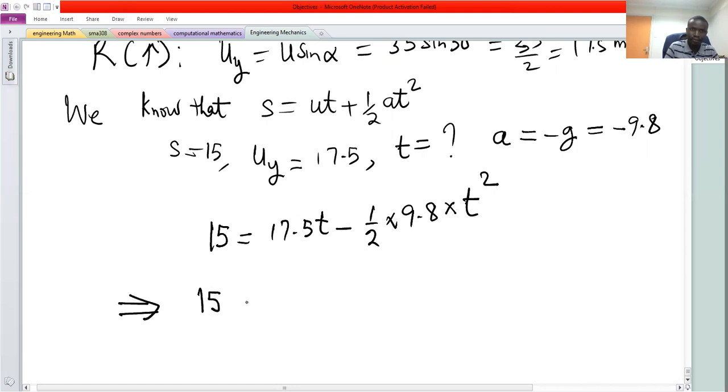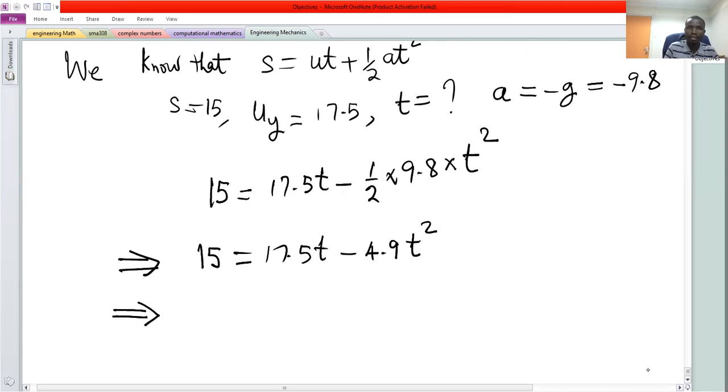This implies 17.5 t minus 4.9 t squared. Then we can form a quadratic equation. Take every term to the left, so I have 4.9 t squared minus 17.5 t plus 15 equals 0.